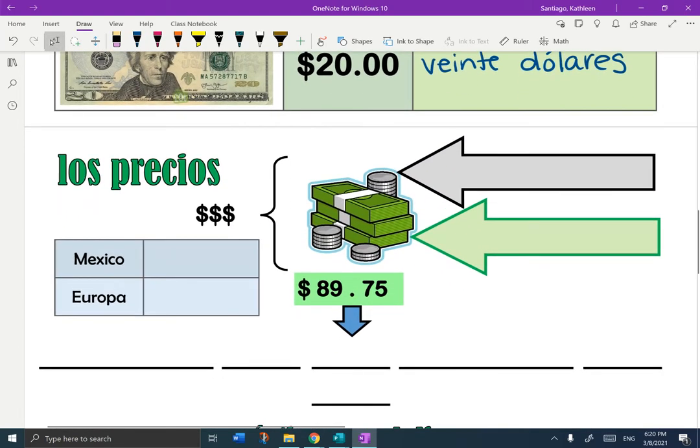Now, what happens when we do precios? Okay, so we've learned these coins, we're going to call them centavos, cents. En español, centavos. Here we have dólares.